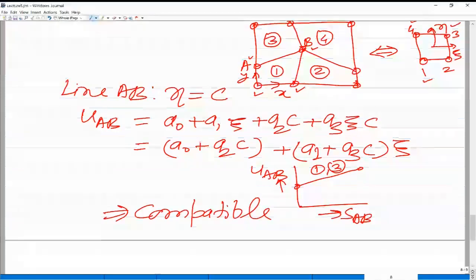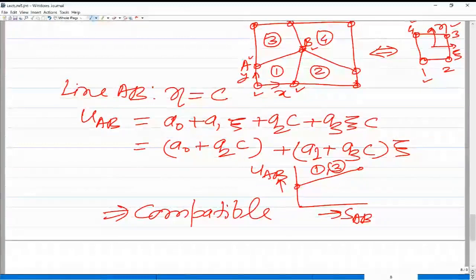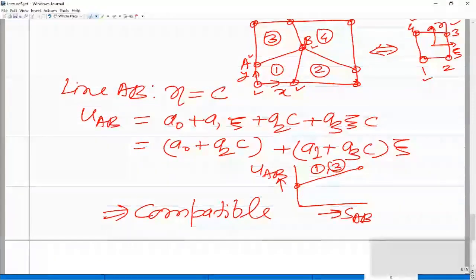There is no particular logic in that, it is for simplicity. The natural coordinate itself is defined as a coordinate varying from -1 to +1, and that is why we are taking that.